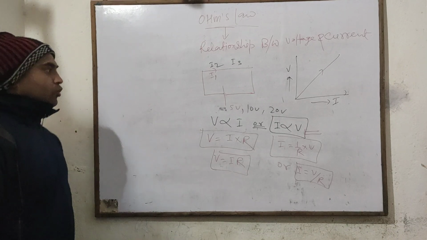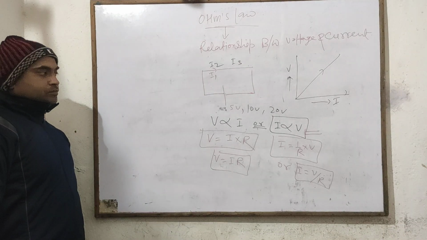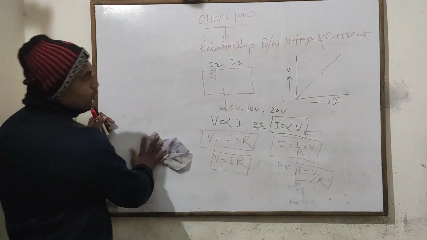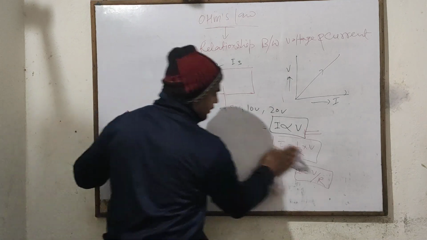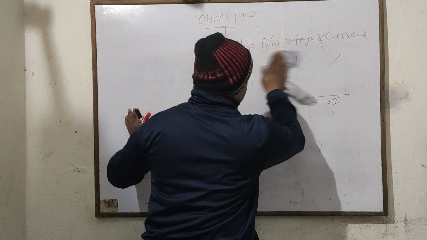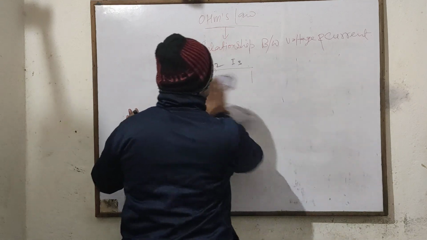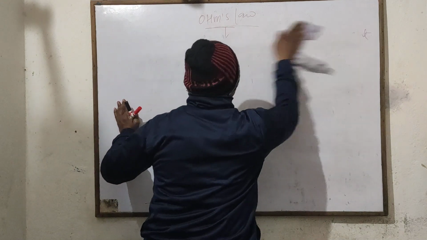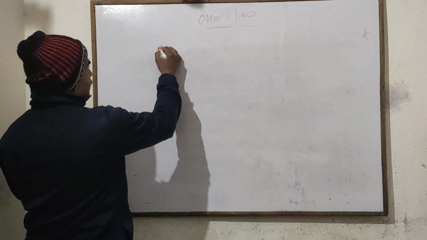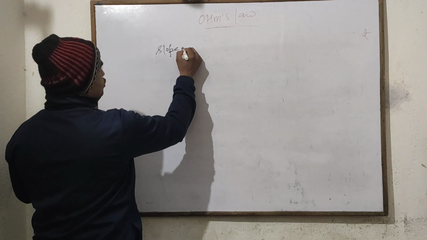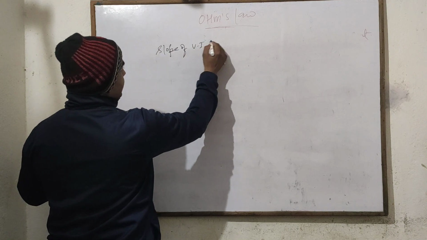You may take the screenshot here. The slope of the VI graph gives resistance. What is the resistance? We will come to know about this.